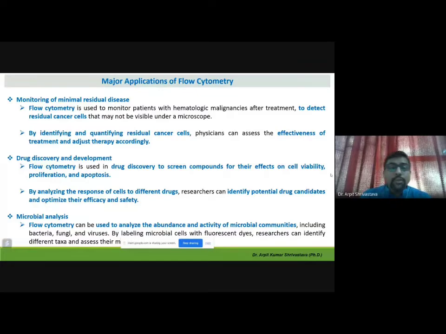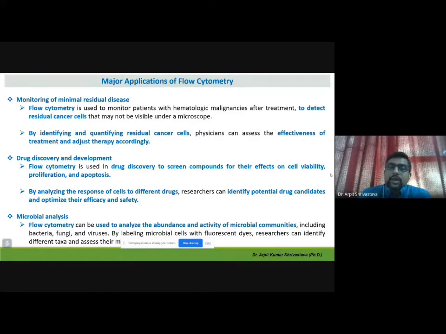Then the next important function is drug discovery and development. The other applications are also important, but this is also very important. How is it important in drug discovery? Flow cytometry is used in drug discovery by screening several compounds. We use drugs for stopping a particular pathogen or microorganism, or inhibiting some protein which is not desired for us. So we want to inactivate a certain thing, not our whole body.